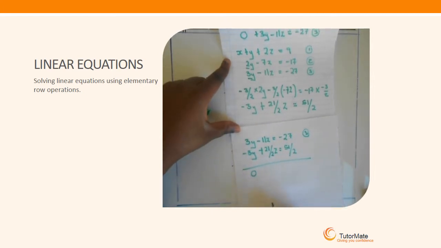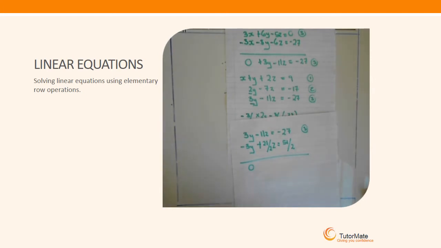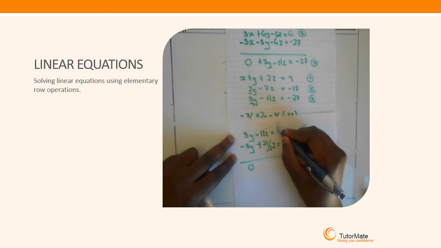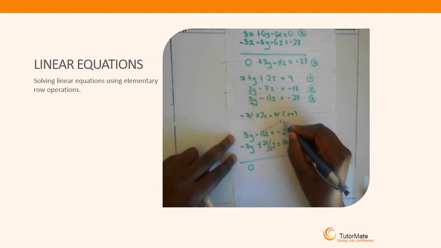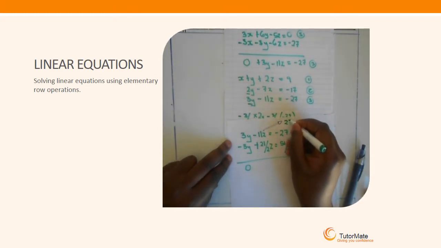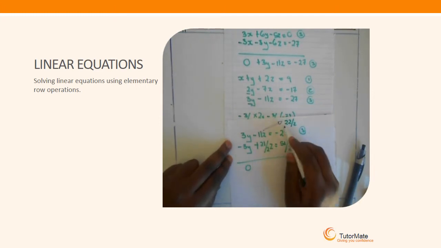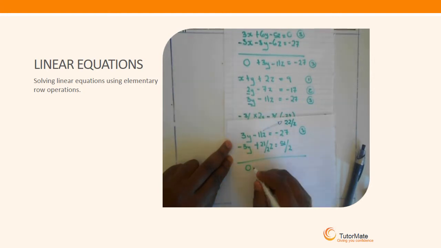Here you have to be careful, because you have to change this 11 into a multiple of 2. 11 as a multiple of 2 is equals to 22 over 2. Then you can subtract: minus 22 over 2 plus 21 over 2 is equals to minus half z.